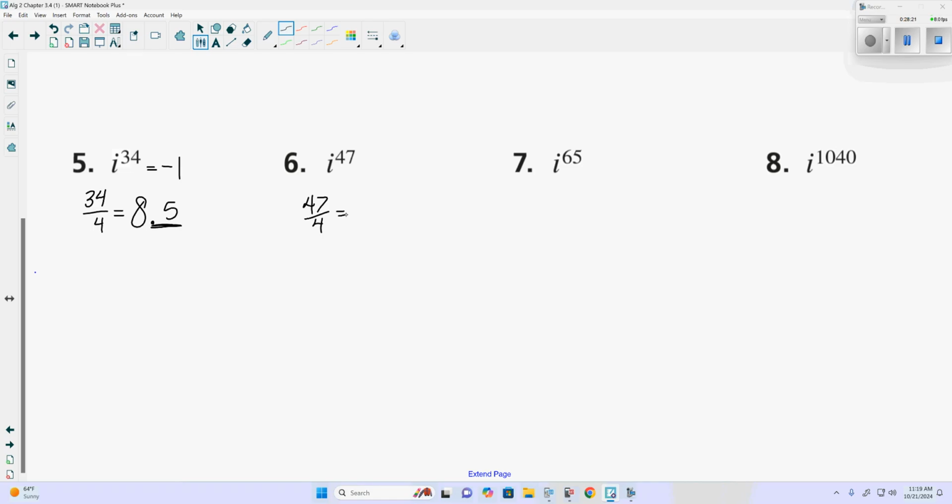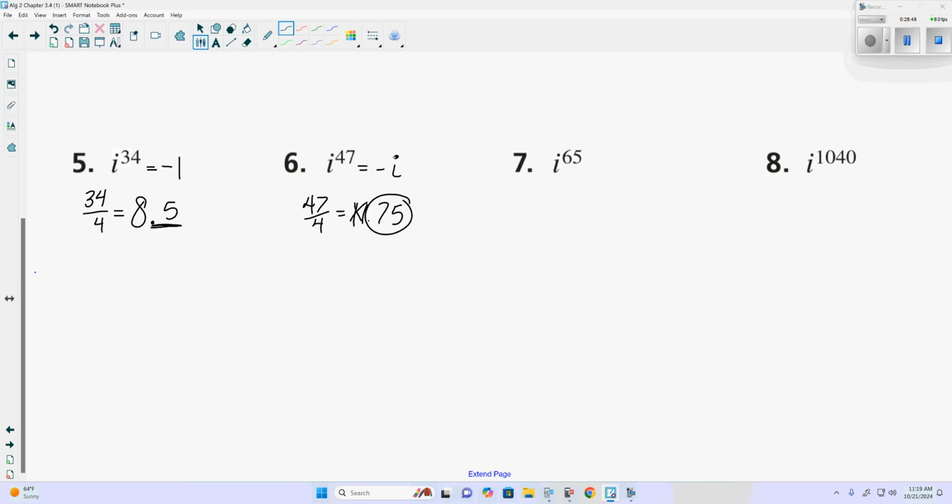We're going to take 47 divided by 4 and get 11.75. 11 really doesn't matter. We're more focused on the 0.75. And so i to the 47th reduces to -i.